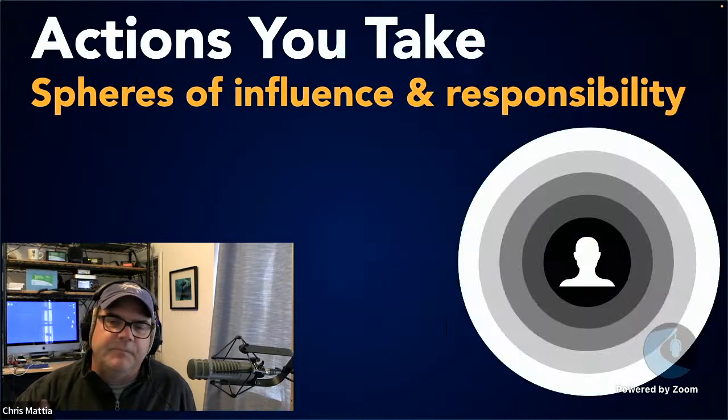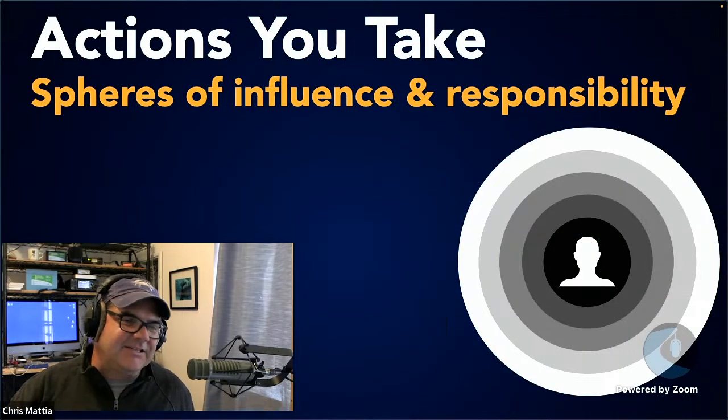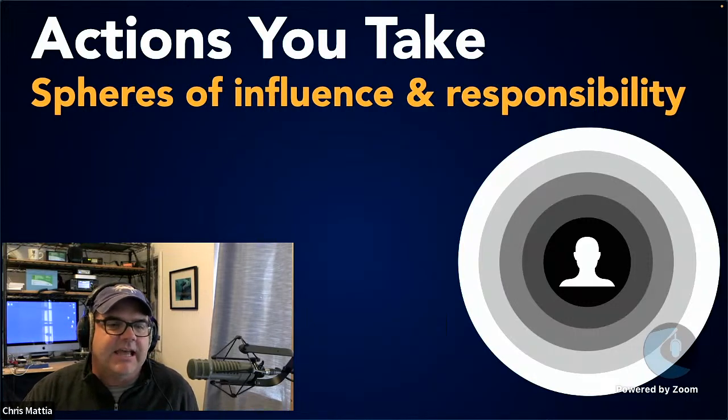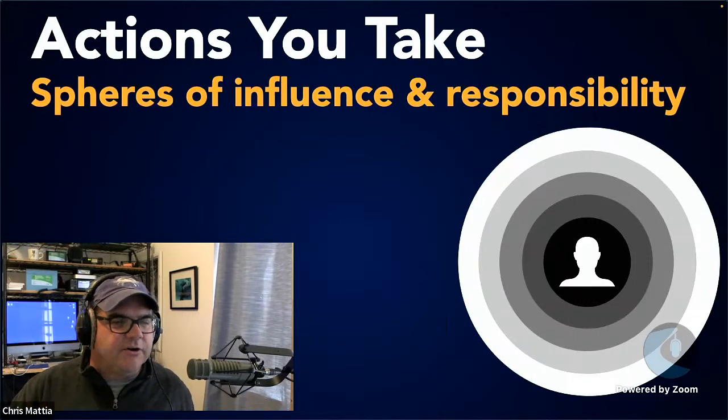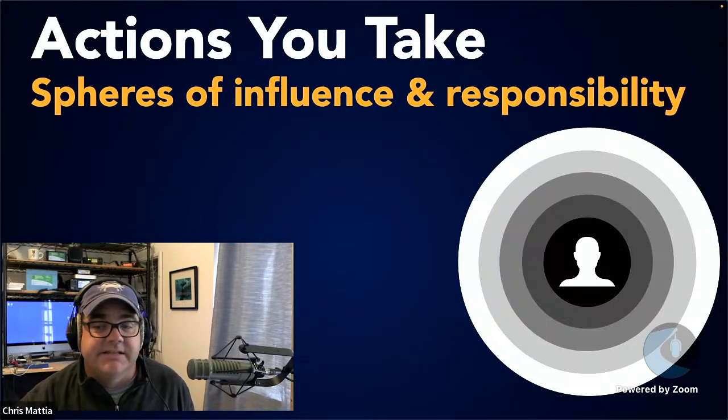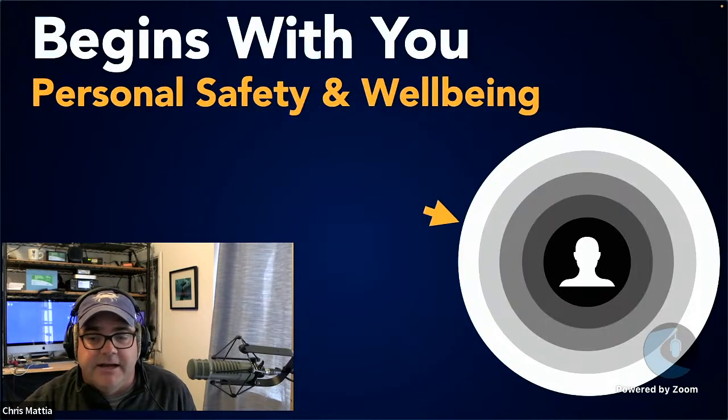So the next action that you're going to take, or the other indicator for an action, is related to your sphere of influence and responsibility. What are you responsible for, and where do you fall in the overall chain of command of responsibility for taking some kind of action?